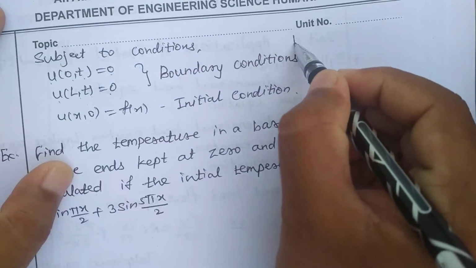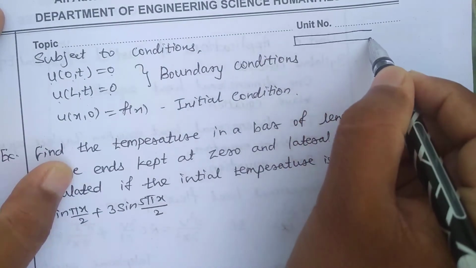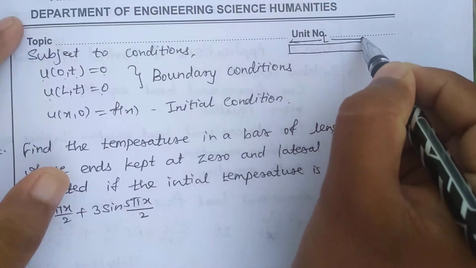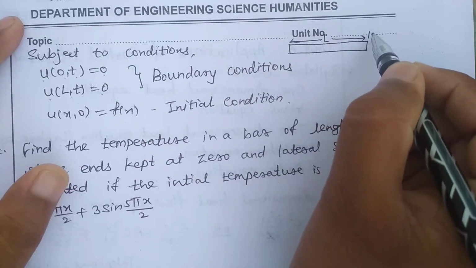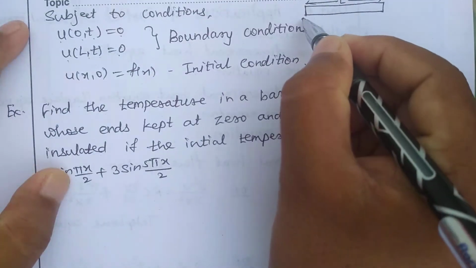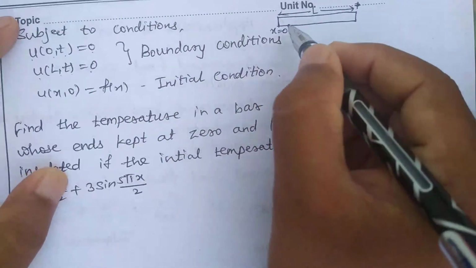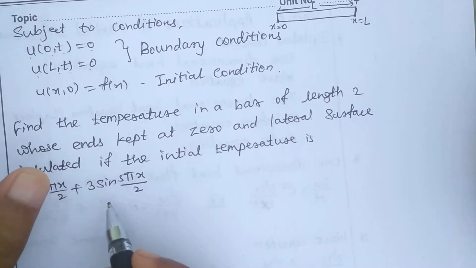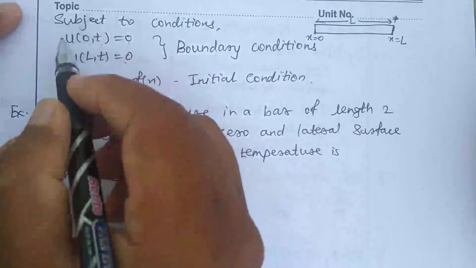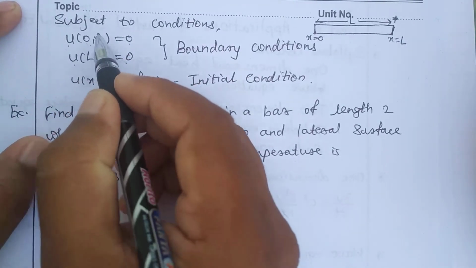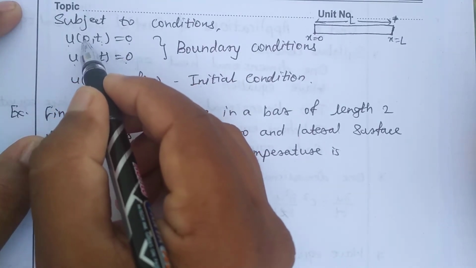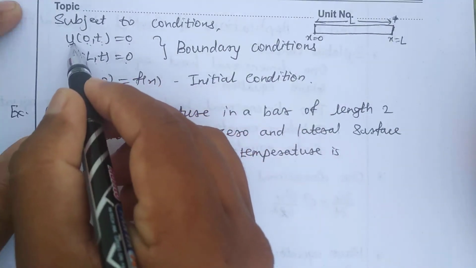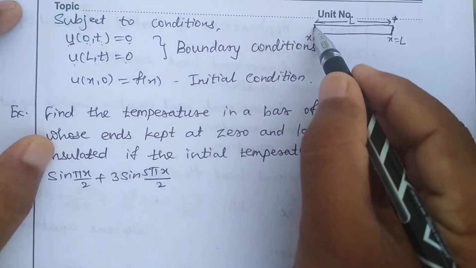For example, suppose there is a rod or a bar of length L, with the first end point at x = 0 and the second end point at x = L. Here u(0,t) means x is 0, the first end, and the temperature is 0 at the first end.